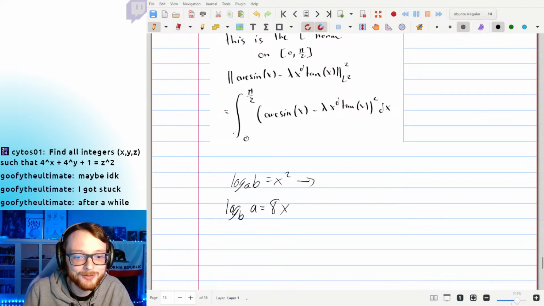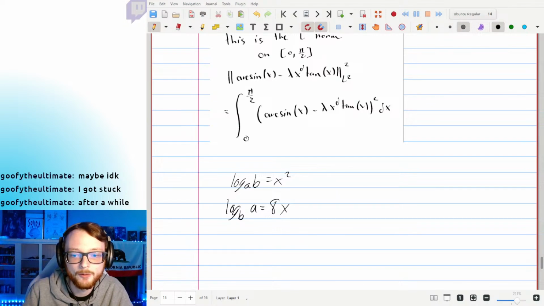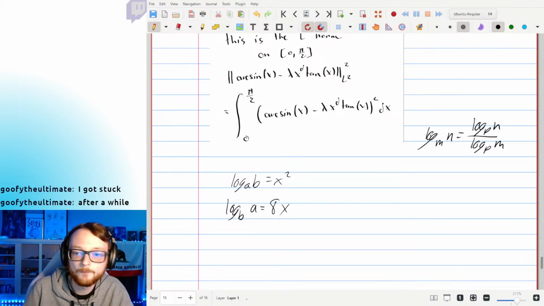I'm going to take this equation here, and I'm going to make the log base a of b into log base b of a in order to match the other equation. There's a thing called the change of base for log. Let me do completely different letters. If you have log base m of n, you can rewrite it in some other base, say p, with this identity: log base p of n over log base p of m.